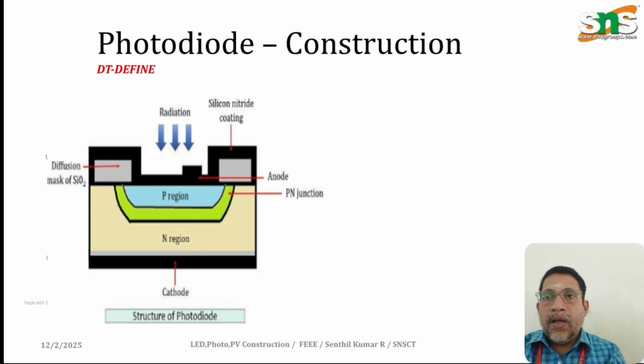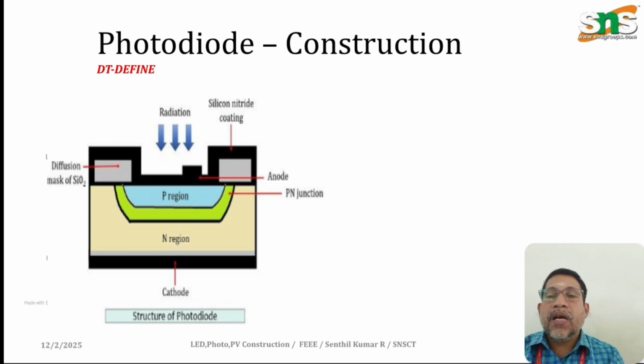When lumens or radiation fall in the P-type region, the PN junction depletion region changes. That means the conductivity property changes in the P or the N layer, or the resistance changes.